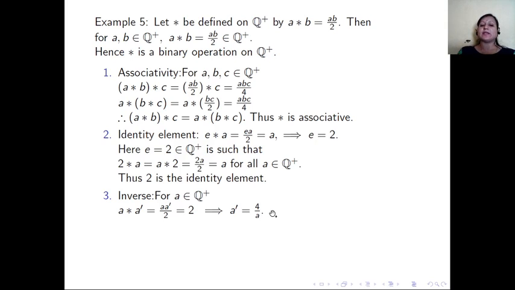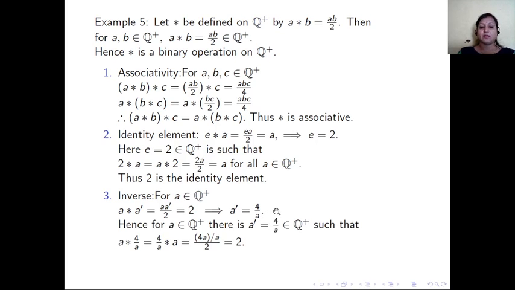Obviously this element is in Q plus, because since we have taken a belongs to Q plus, a is greater than 0. So 4 upon a is defined. Not only that, 4 is positive, a is positive, so this quotient 4 upon a is again a positive rational number.